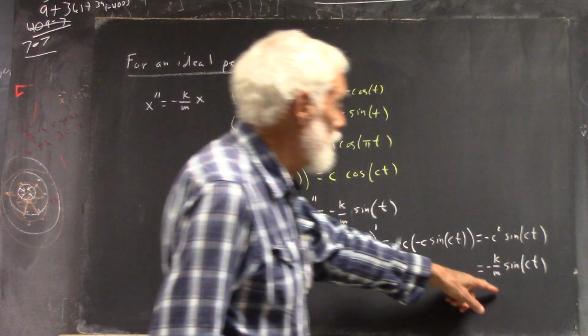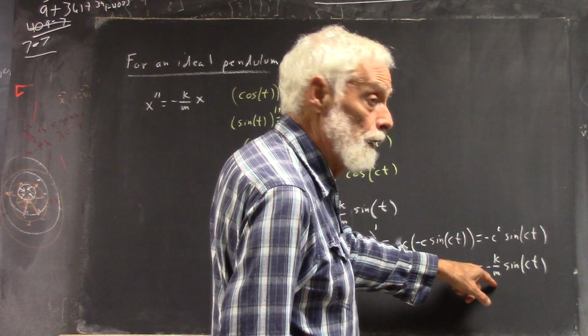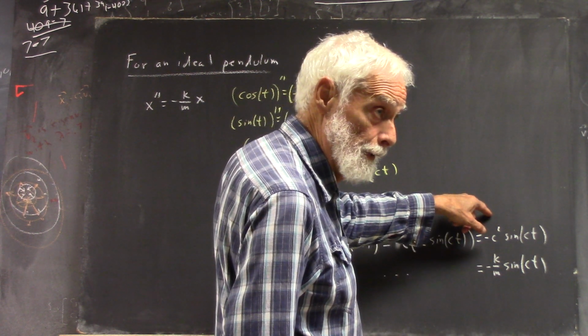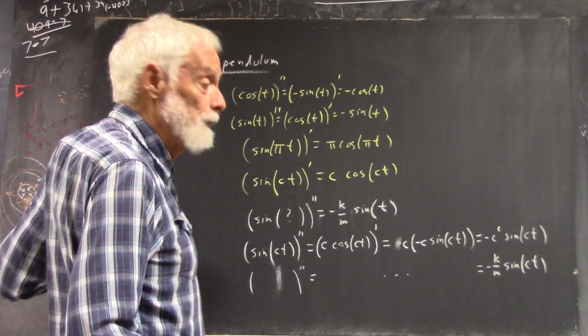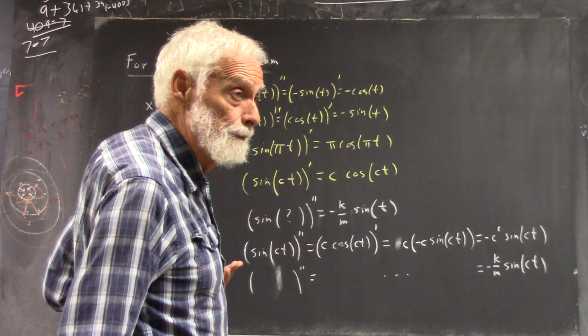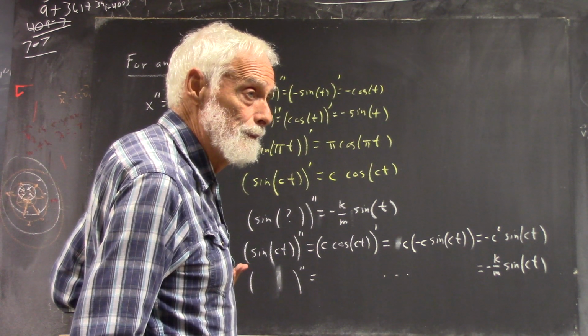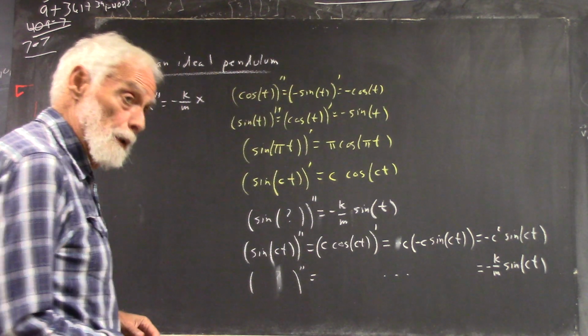Well, this is just like this, except that we have a negative k over m here and a c squared here, right? So this should be just like this, except what do we have to use instead of c? Square root of k over m. Good. Square root of k over m.